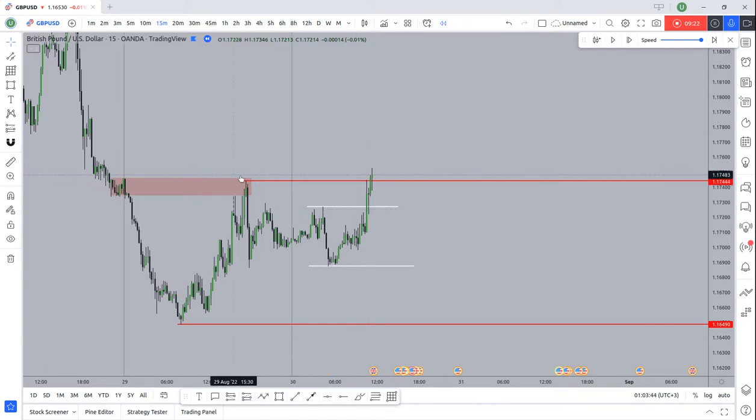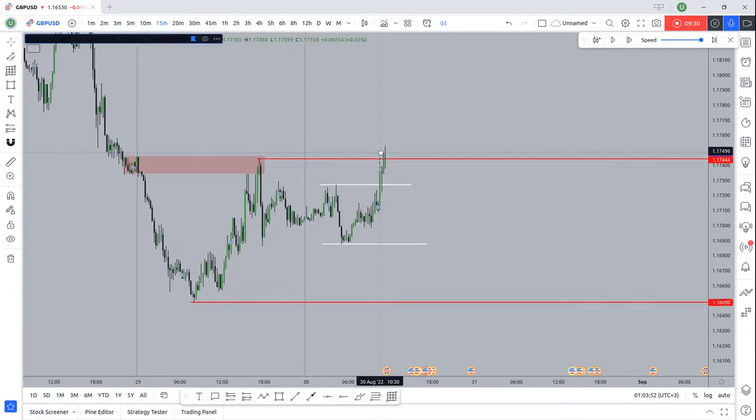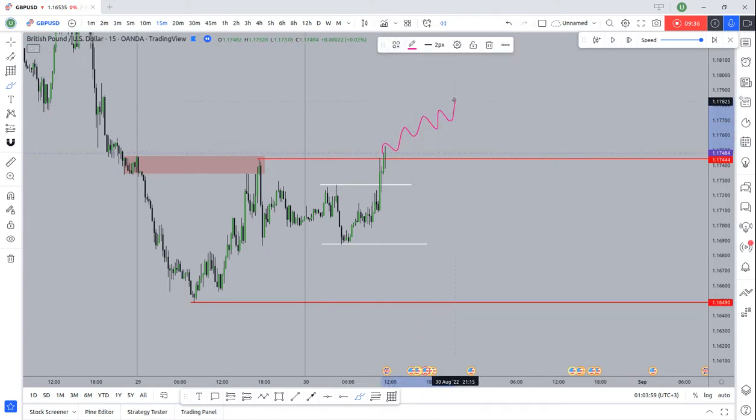If price has gone to a liquidity pool, and price is doing all the games here, price keeps doing this, you don't chase it. You simply wait. You simply wait for price to come back below.